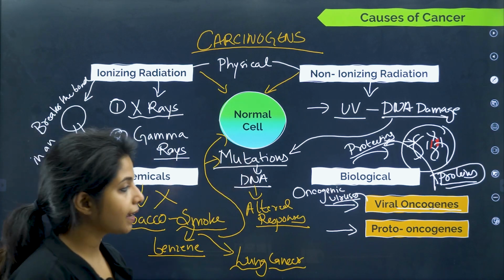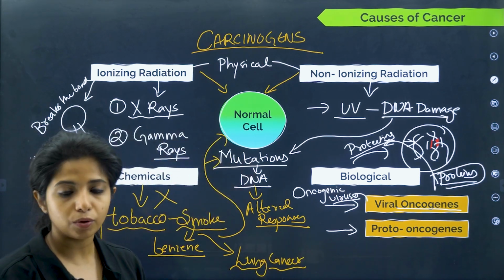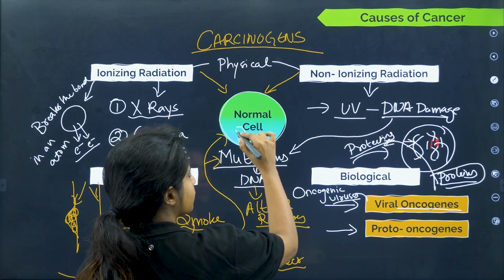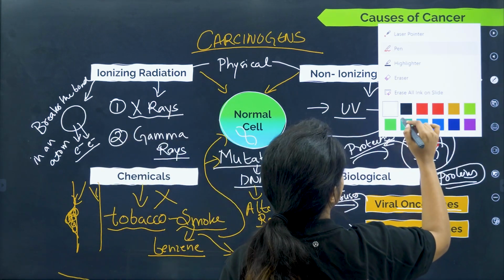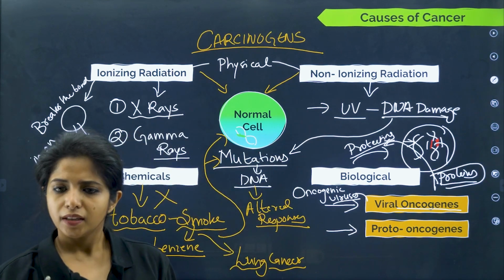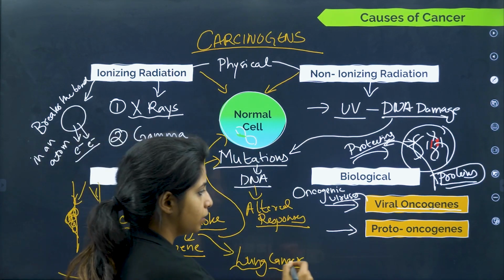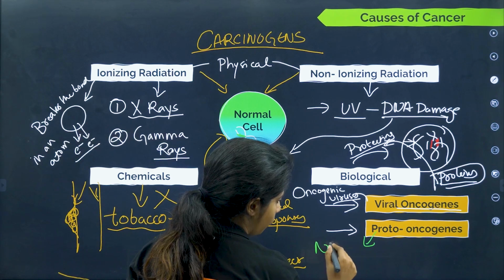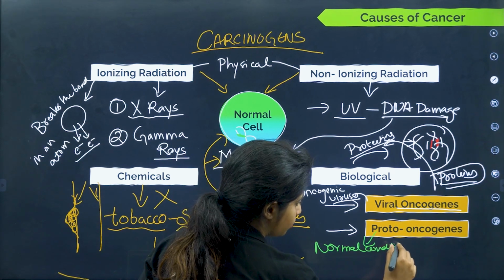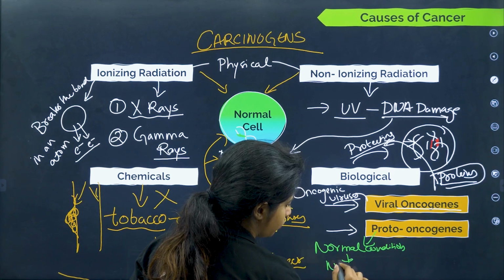Okay. Going ahead with talking about proto-oncogenes, I already told you, in normal cells we have certain genes. You call them proto-oncogenes, which produce normal proteins in our body. In normal condition, they are going to produce normal proteins.